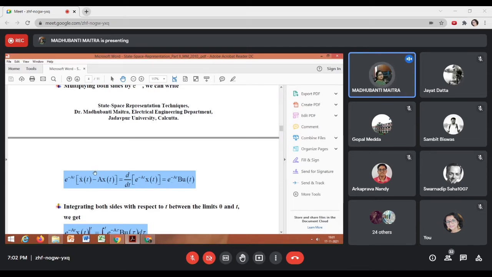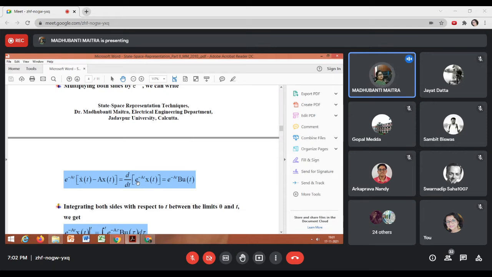And look at this left hand side. The first term is e to the power minus At x dot t. So we can write this left hand side as d/dt of e to the power minus At into xt. If we write this, then what will be the first term?